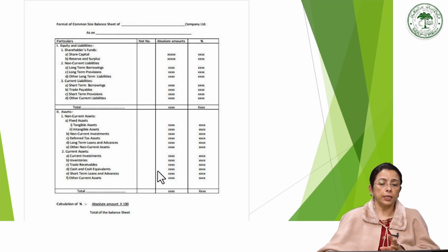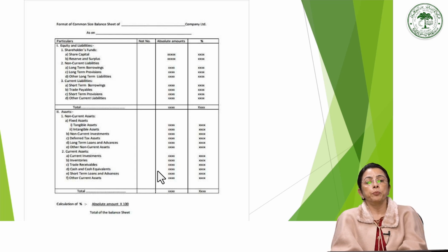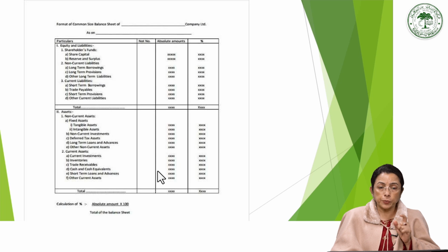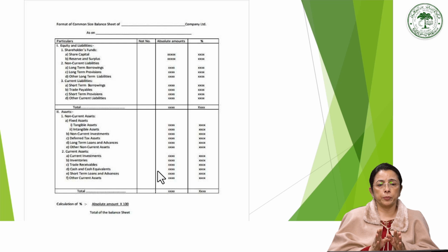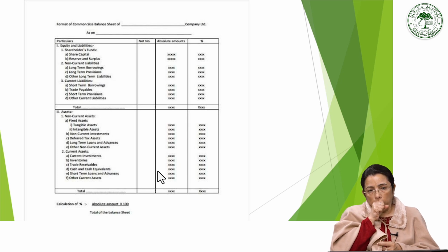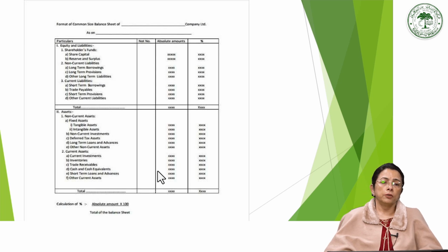And if for any reason there is a difference between the two sides, then for a temporary phase we put the difference amount as a suspense amount, for the meantime only, because on 31st March when we are preparing it, we are not immediately able to find out why this difference is coming on the balance sheet. We just put it under the head suspense account, and later on we check back the accounts to find out the difference.